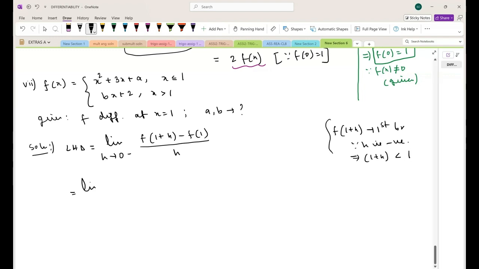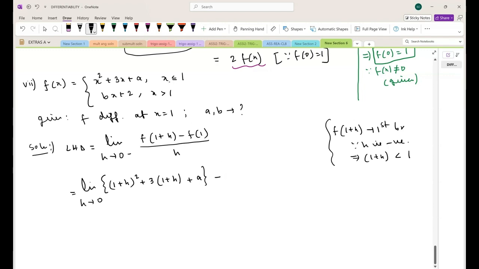Okay, so now if I apply the first branch, then it is (1 plus h) whole square plus 3 into (1 plus h) plus a, simply replacing x by 1 plus h. So this is f(1 plus h). And now minus f(1).